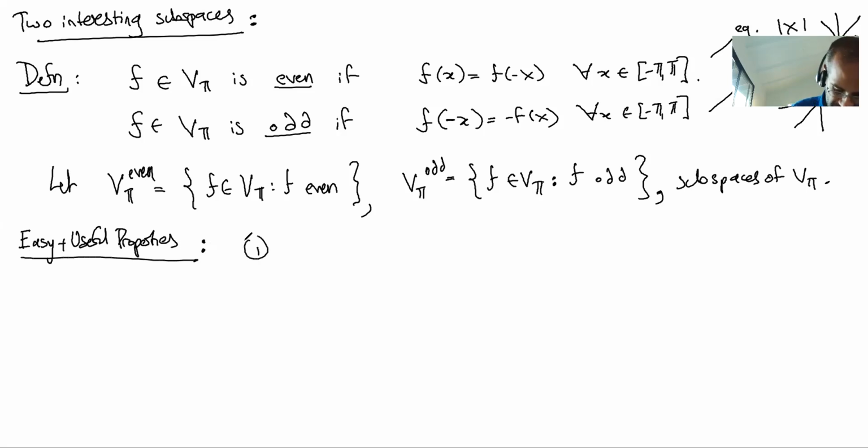The first one is that the integral from minus pi to pi of an odd function is 0. Sorry, or just say, if f is odd.